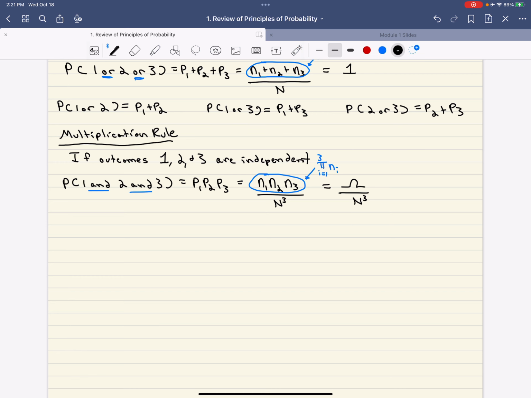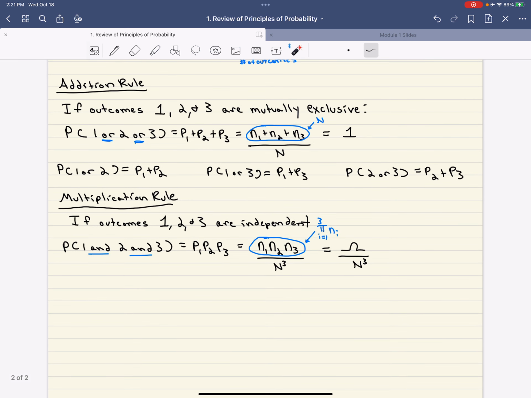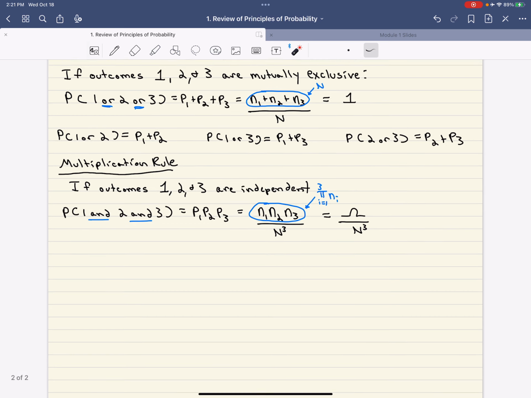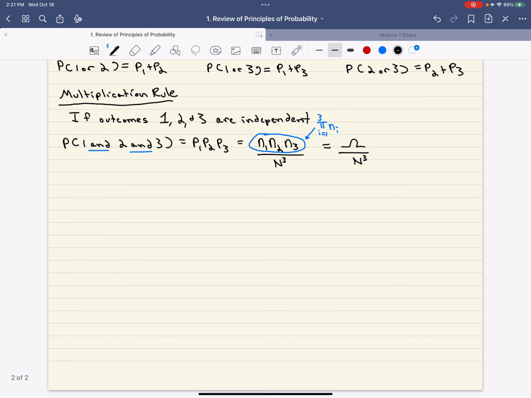Okay? Now, here, we were kind of looking at the probabilities of single-step processes. But we could also consider the probabilities of multi-step processes as well. So we would call these composite events.